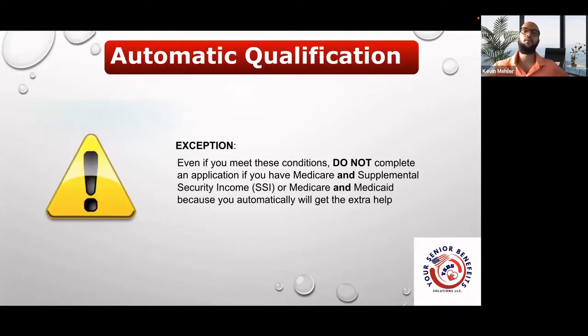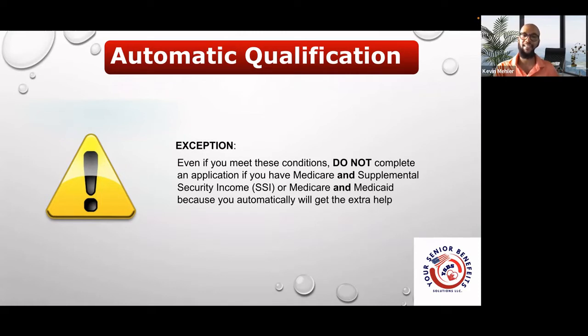All right. Now, what are some automatic qualifications here? So even if you meet these conditions and you do not complete an application, if you have Medicare and a Medicare supplemental Social Security income, or if you have Medicare and Medicaid, you automatically have access to extra help, okay?